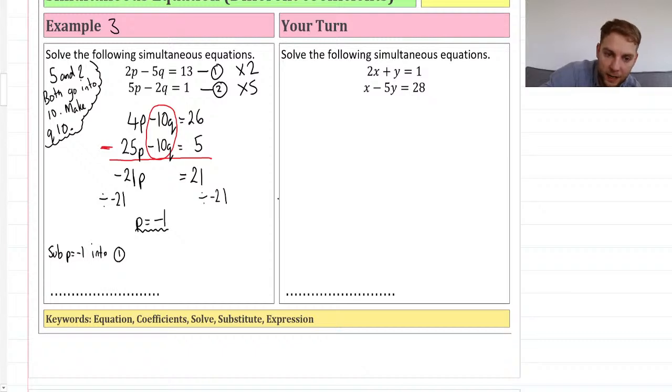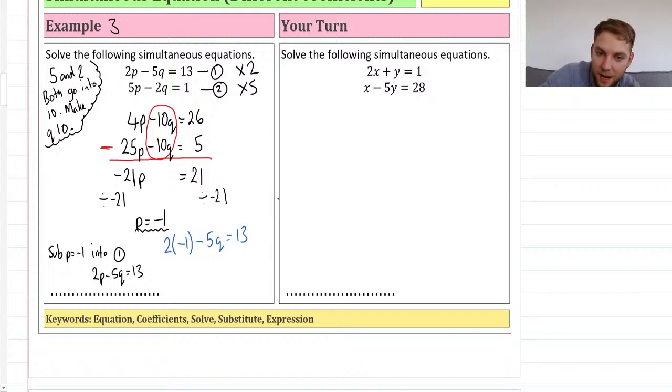So equation 1 is 2p minus 5q is equal to 13. So if I sub that in, I'll do it in a different colour just so you can see it's the new part. It's going to be 2 times by p, which is minus 1, minus 5q equals 13.